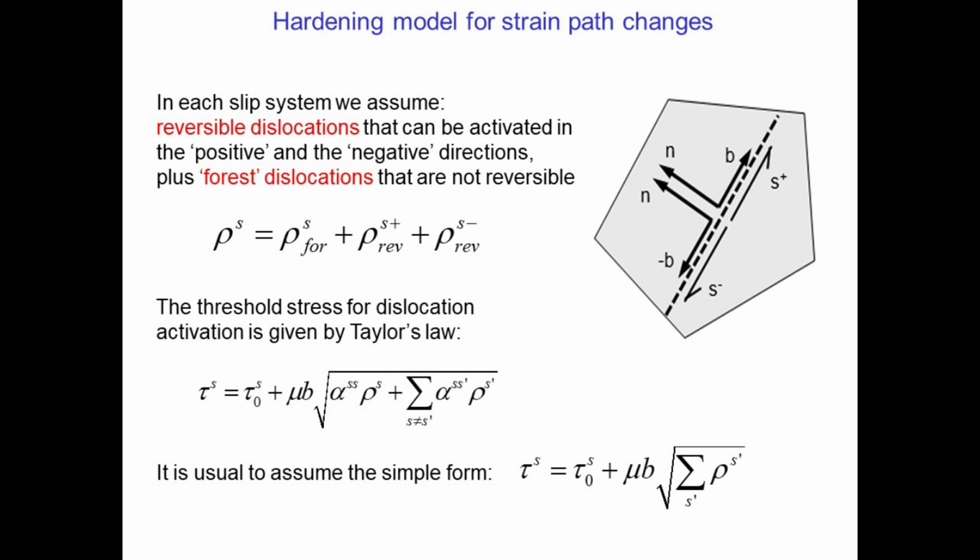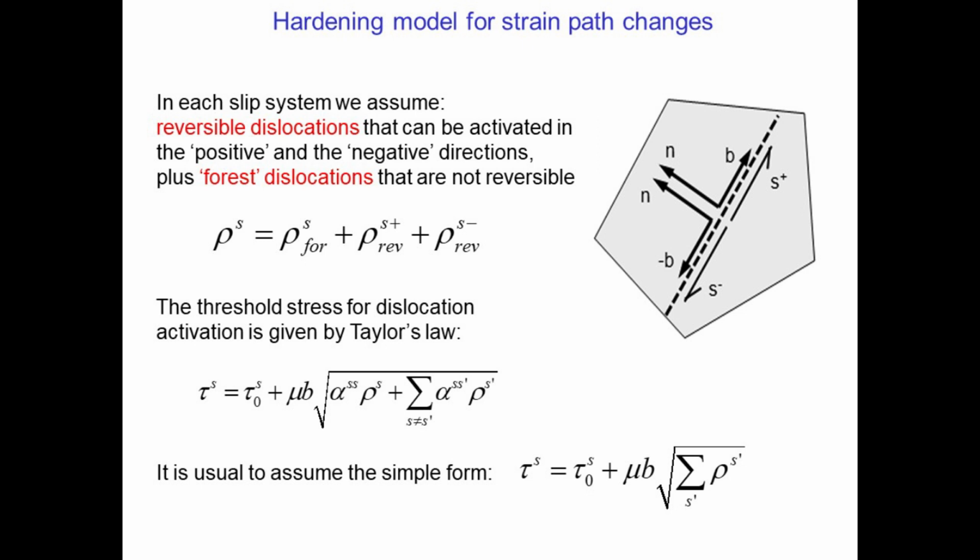So in the model, each system has dislocations that belong to that forest, and then reversible dislocations that are easily reversed in the positive direction, and dislocations that can be reversed in the negative direction. The positive and negative means that the shear took place in the positive sense of the Burgers vector or in the negative sense of the Burgers vector.